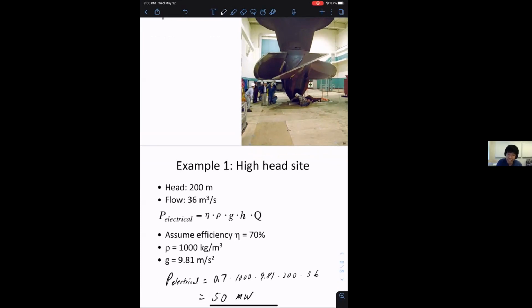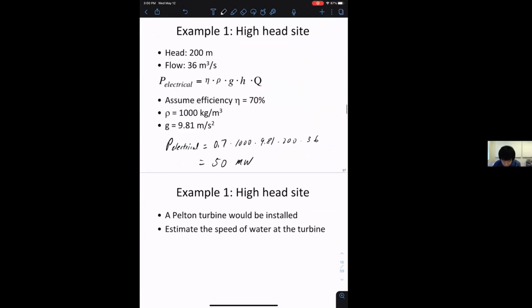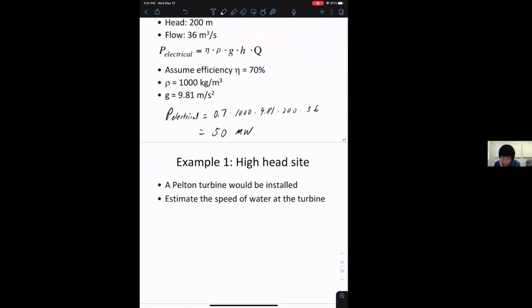And as a question was asked before, if I'm going to use an impulse turbine, what is the speed of the water that hits the turbine, right? So we want to get an estimate of this speed and see how fast it actually is. So if we want an estimate of the speed, how do we calculate that?